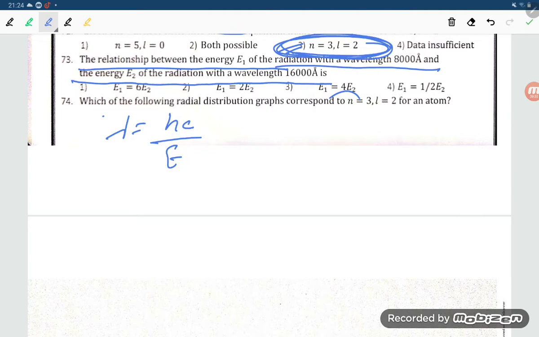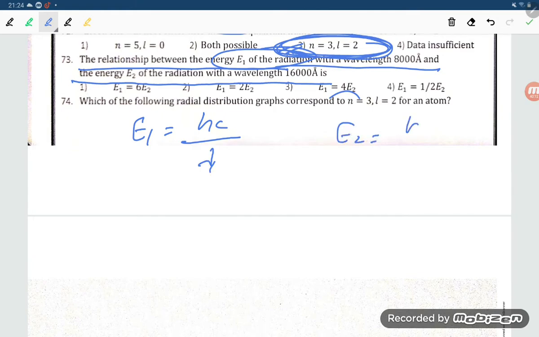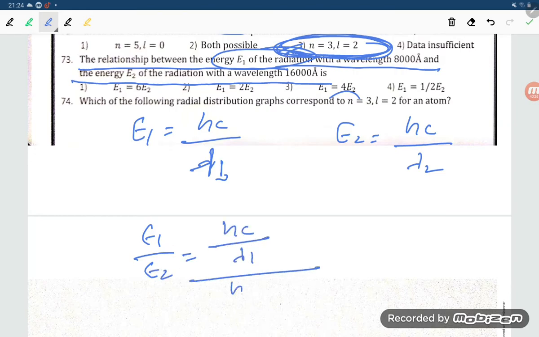Two radiations are there, and they are asking for the relationship between the E1 and E2 energies. So we can write the two conditions: E1 is equal to hc by lambda 1 and E2 is equal to hc by lambda 2. Now E1 by E2 is hc by lambda 1 divided by hc by lambda 2, and hc cancels out.